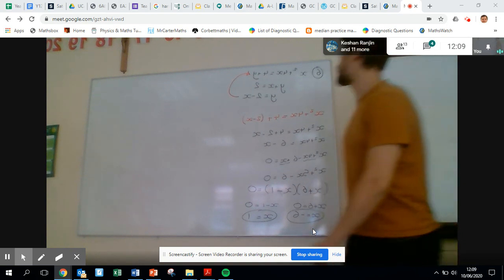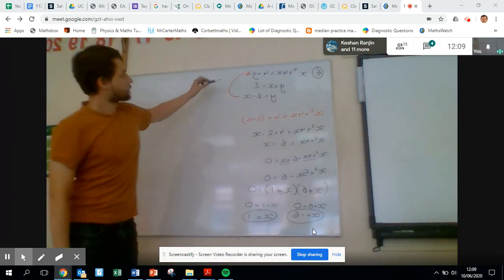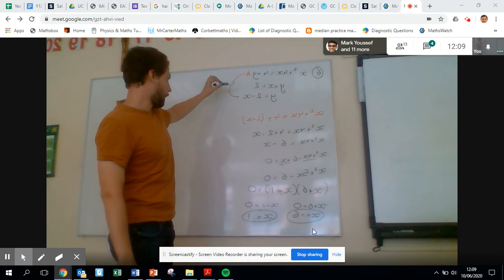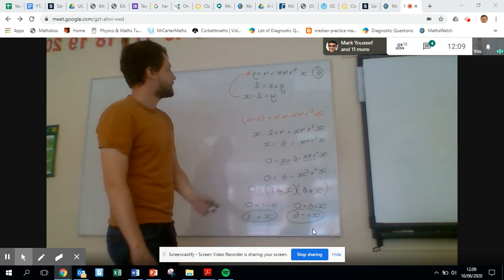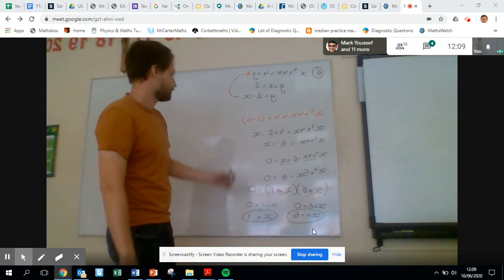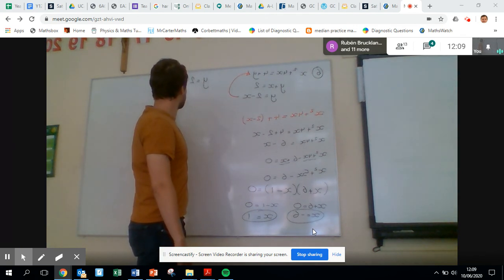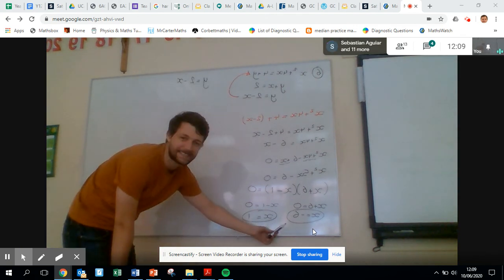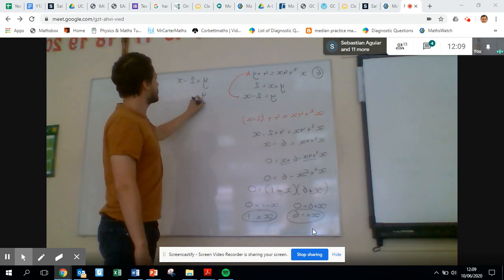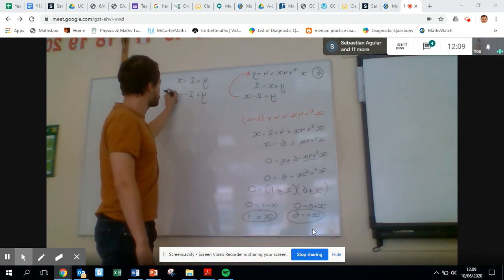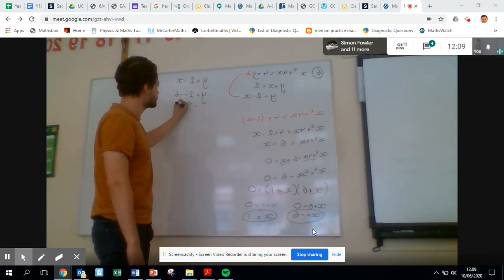Right, so we'll substitute into this one here. So y equals 2 minus x. For our first solution, when x is minus 6, y is equal to 2 minus minus 6, which is 2 plus 6, which is 8.